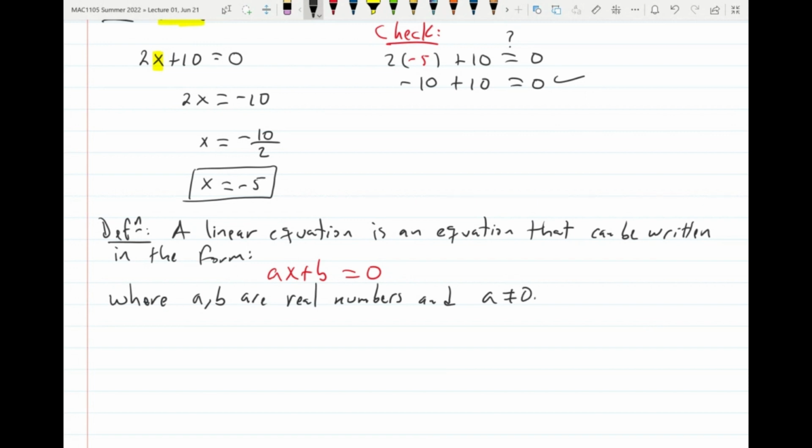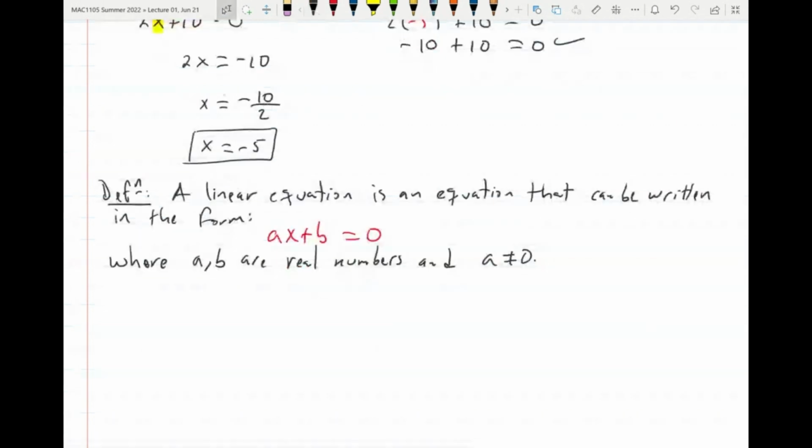Because if a is 0, then there's no x, and then we don't have any equation here. Okay? All right. So that's what a linear equation is.